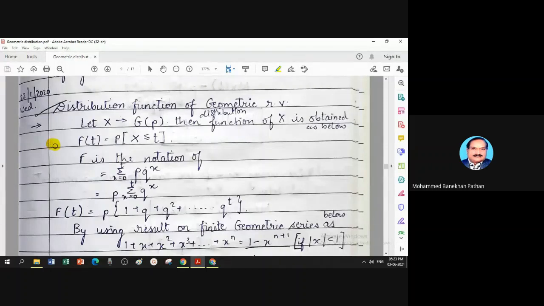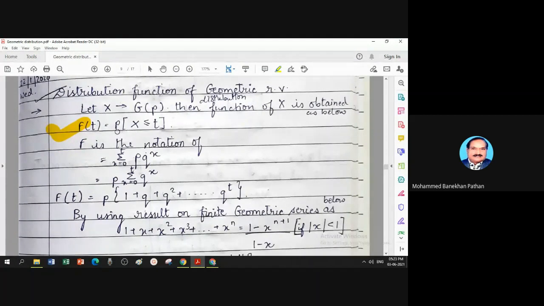This is the definition of capital F, called the distribution function. Sometimes it is also named the cumulative probability distribution. Capital F at point T is equal to the probability of the variable under study being less than or equal to a given point T.